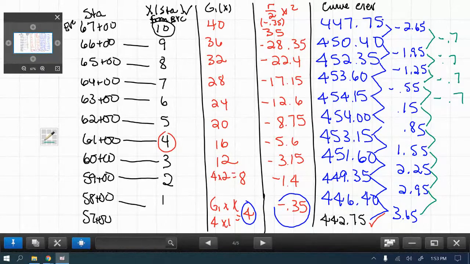I think that's a negative number there. So 0.85 minus.